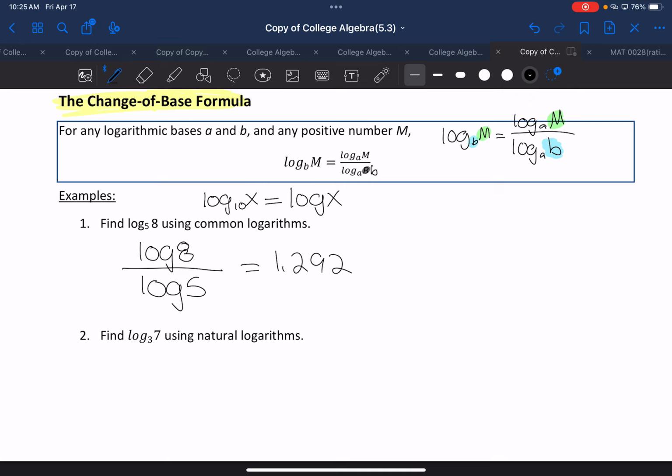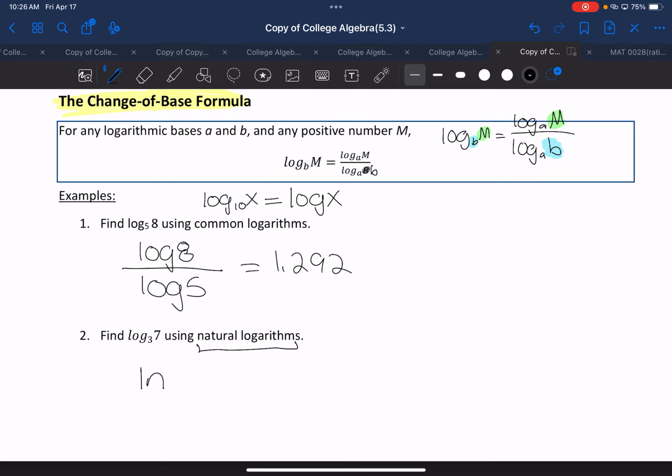All right, so the next one is log base 3 of 7, and it wants me to find this using the natural logarithm. So now I'm going to use the ln. I'm going to say ln of the bigger number, but when I say bigger, I mean the one that the font is bigger, not the value. 7 is written larger.